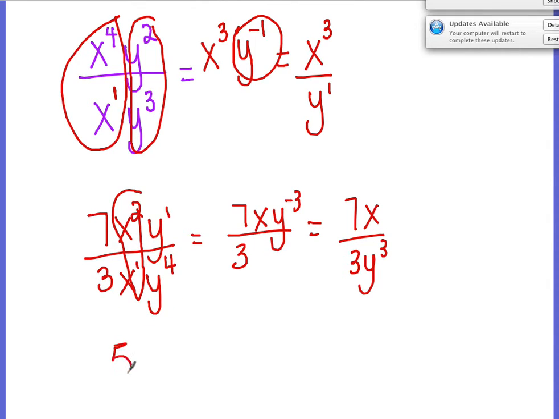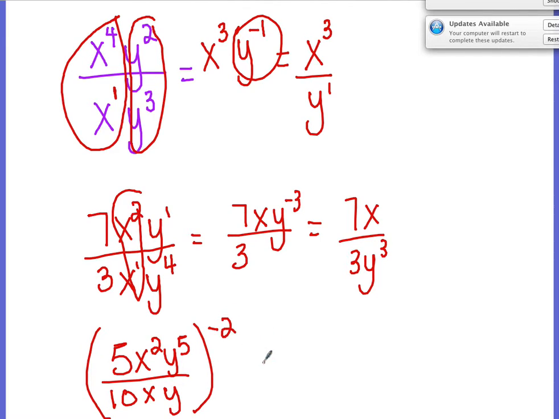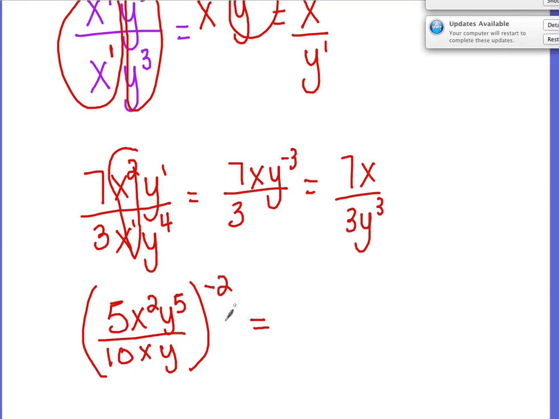Let's do an example where you have to raise something to a negative power. So before I raise everything to this power, I like to simplify what's going on inside of the parentheses.